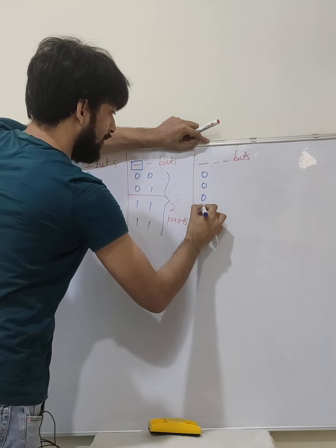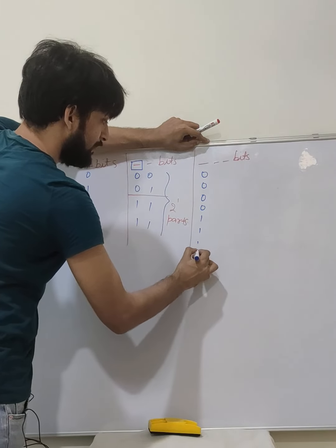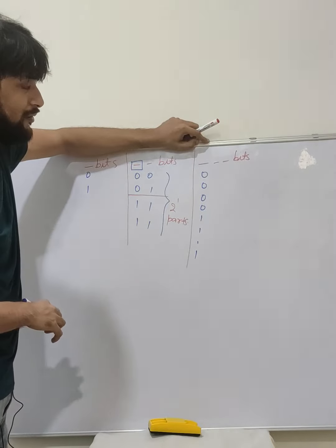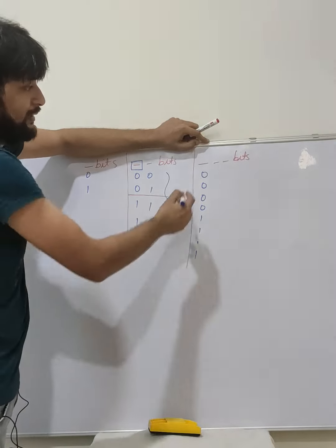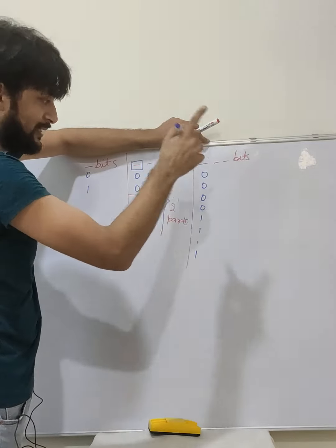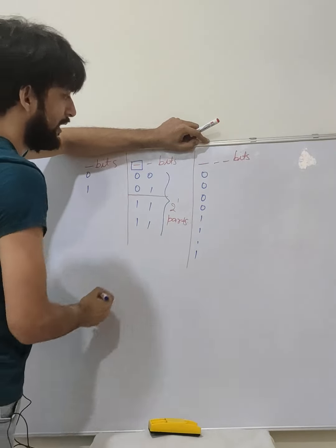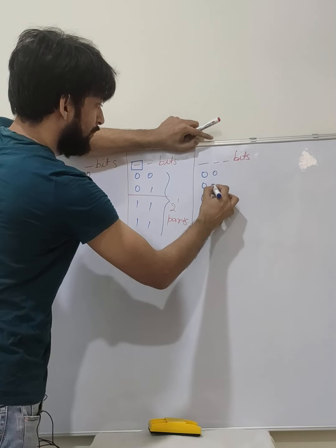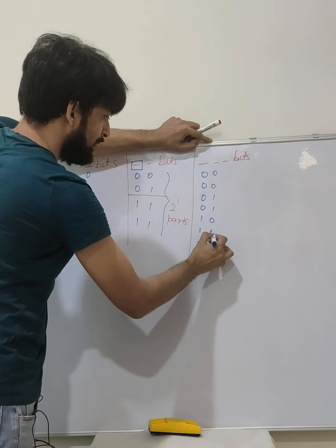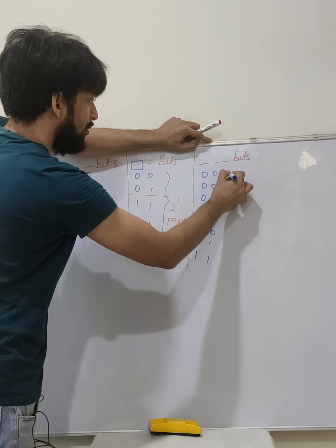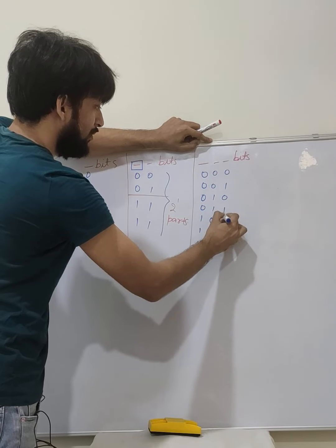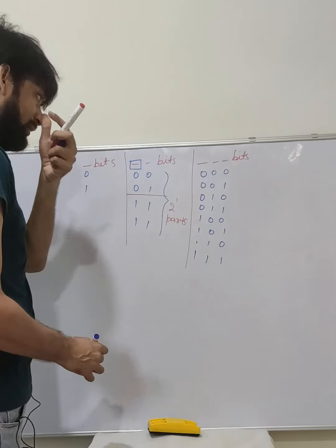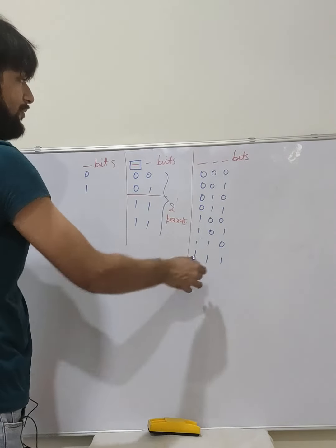How many numbers are we going to form? 3 bits, 2 to the power 3 numbers, which means 8 sequences. In the first bit, all four 0s, then all four 1s. In the second bit, two 0s, two 1s, two 0s, two 1s. In the third bit, alternating 0 1 0 1 0 1 0 1. Through this, fill it.